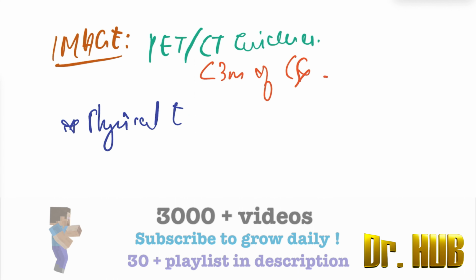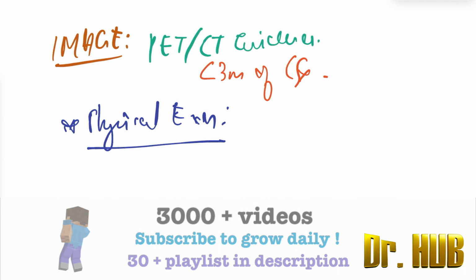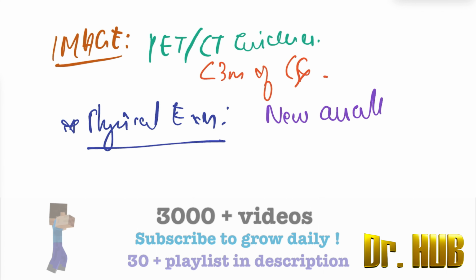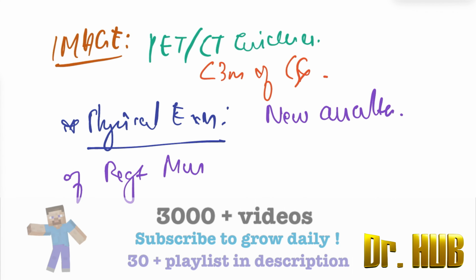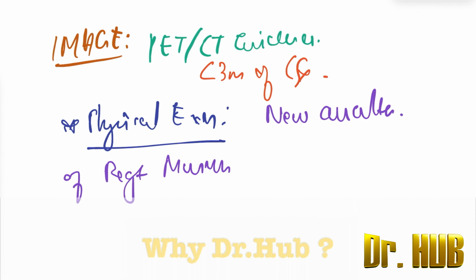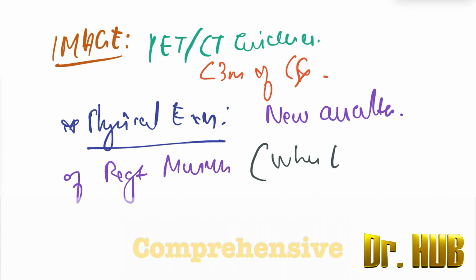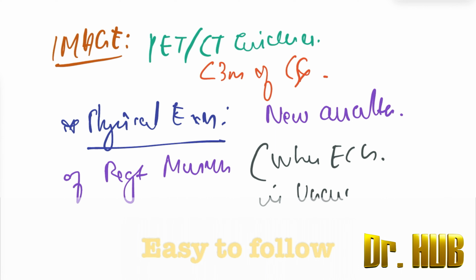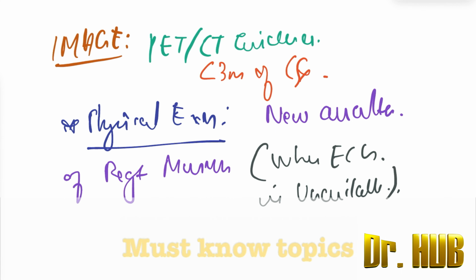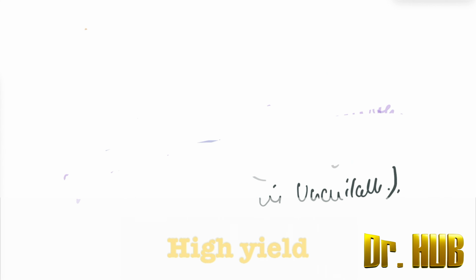Under the physical examination, there is a new auscultation of the regurgitant murmur, and this is when the echocardiogram is unavailable.